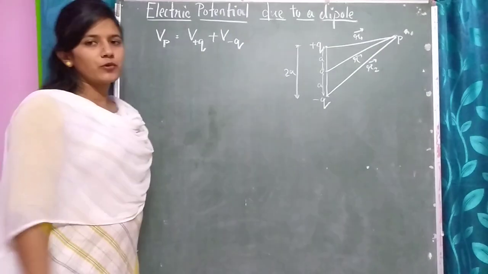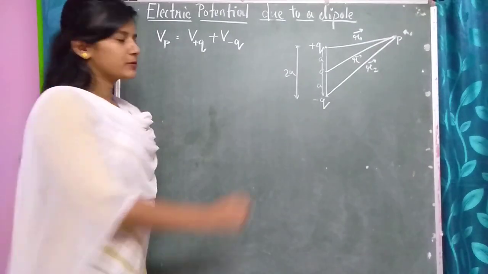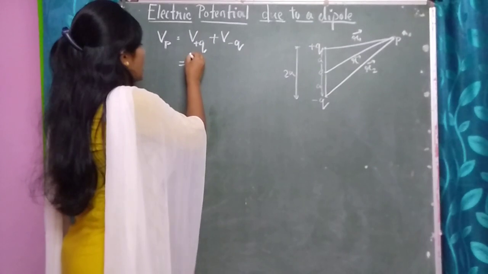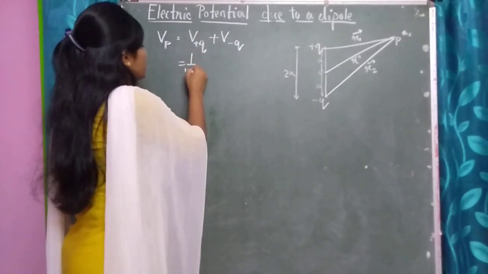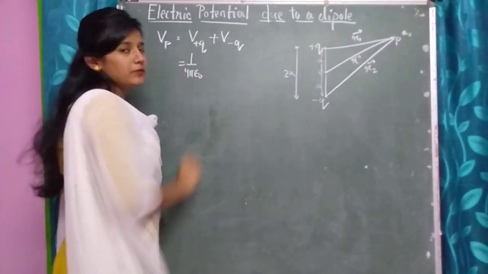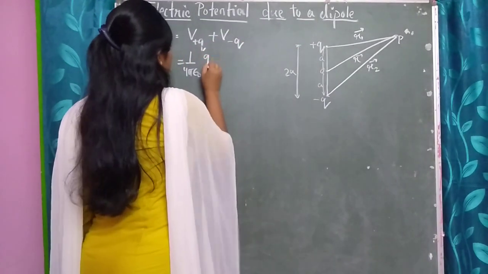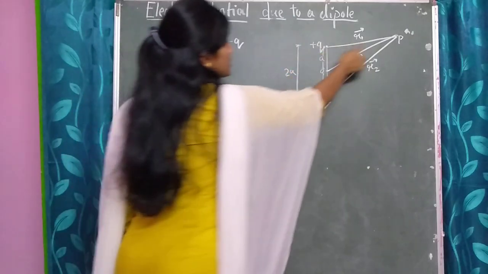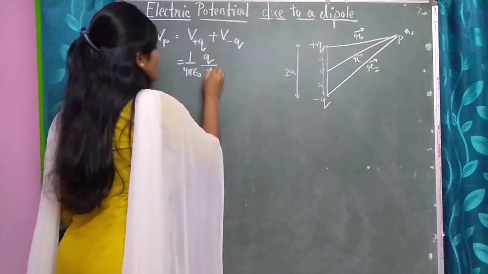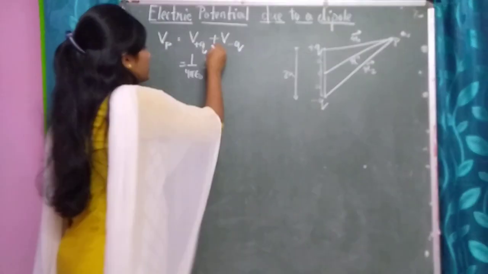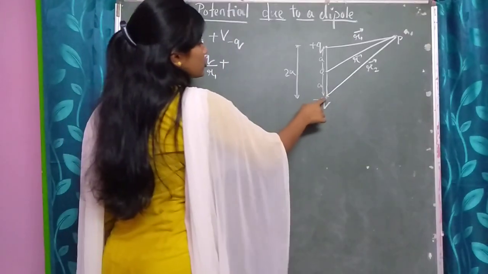So what is the electric potential formula? 1 by 4 pi epsilon naught q by r. So I will write 1 by 4 pi epsilon naught, and in place of q, since this is due to plus q, I will write q by, what is the distance between them? It is R1.